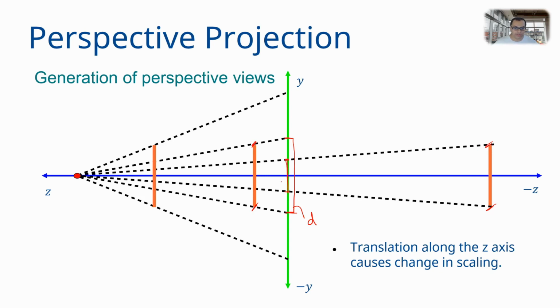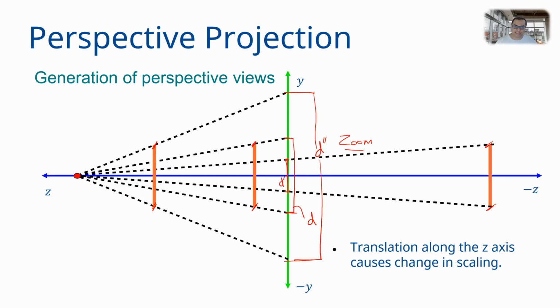It goes down to D prime. However, if I move the object closer to the camera center, then the size of the object in the image becomes larger and I get D double prime. So translation along the Z axis is causing scaling, or as we also know this phenomenon, zoom. Camera zoom is obtained by changing the distance between the object or the world and the camera.